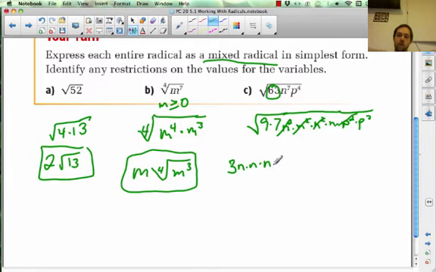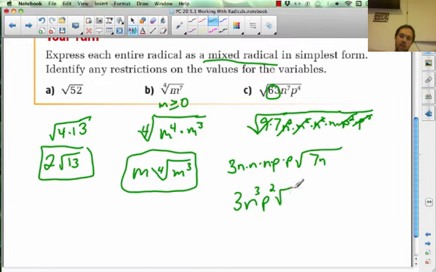The square root of p squared is p, times p, and the square root of p squared again is p. Under the radical, what's left is 7n. So we rewrite this as 3n cubed p squared root 7n. And we're taking the square root.